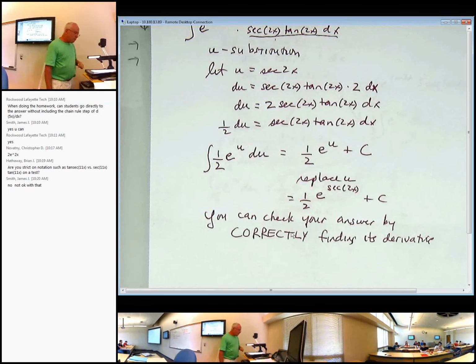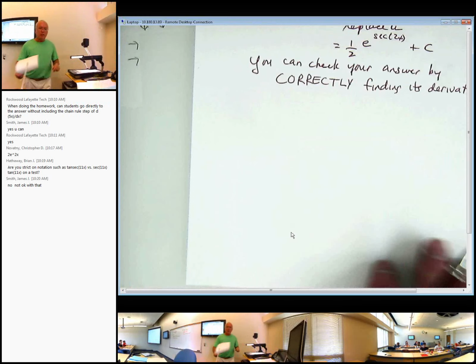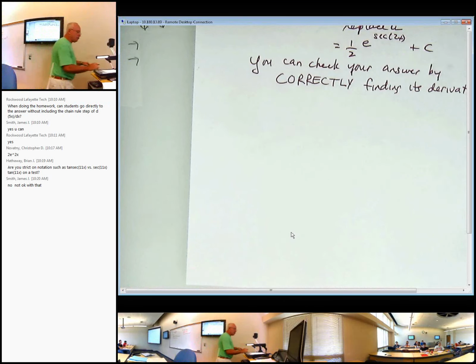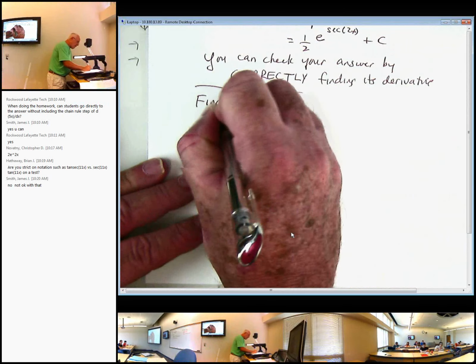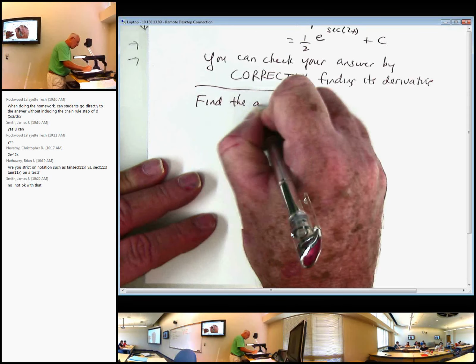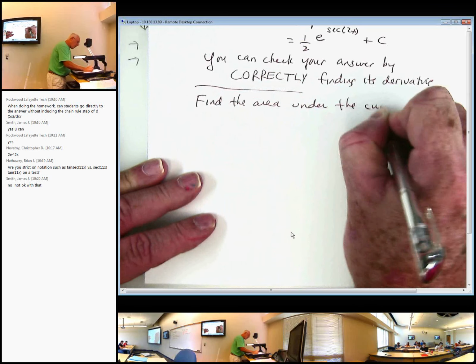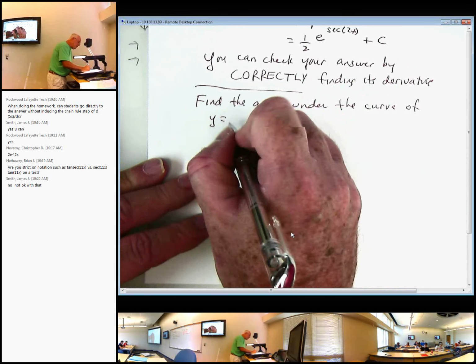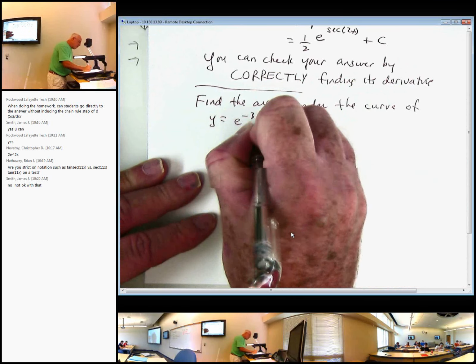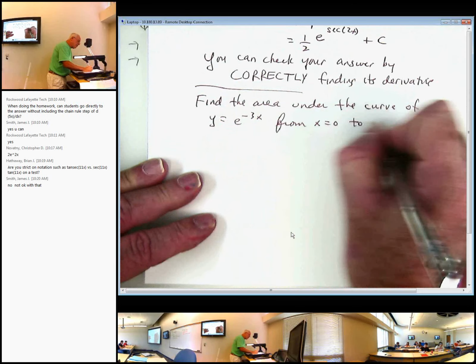All right. So I want to do a definite integral now. So this next question has to do with finding the area under the curve. So find the area under the curve of y equals e to the negative 3x from x equals 0 to x equals 1.